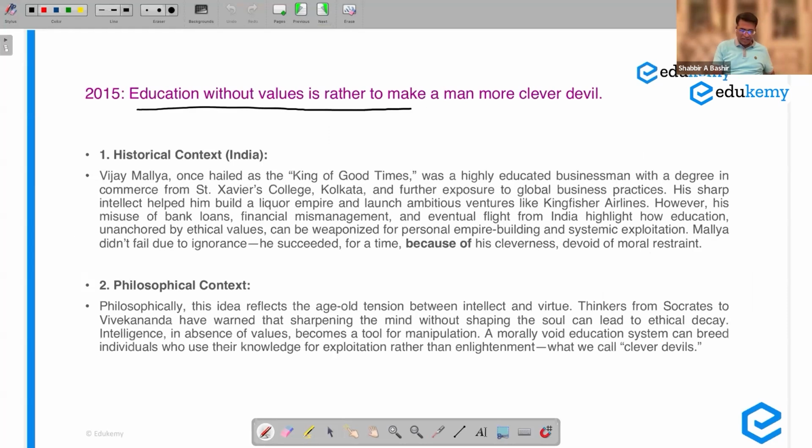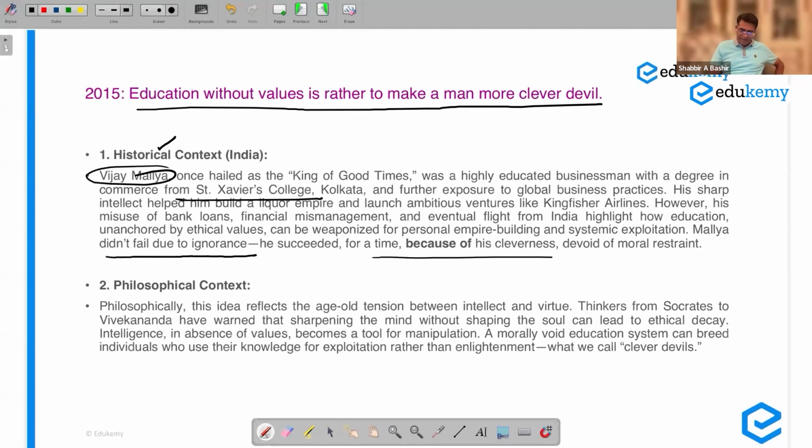Education without values is rather to make a man a more clever devil. Historical context: as an example, I've taken Vijay Mallya, the king of good times, with good education from St. Xavier's College. He was a clever man. His failure was not due to ignorance.